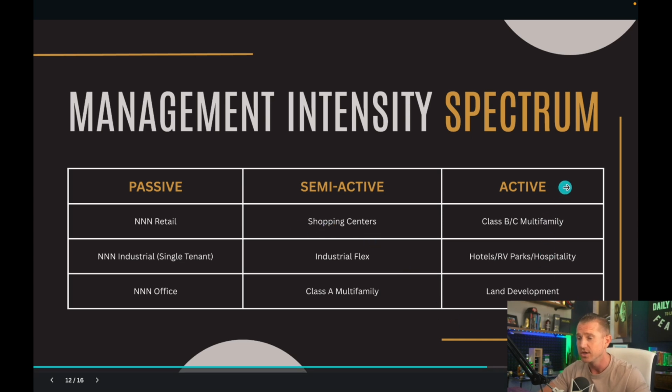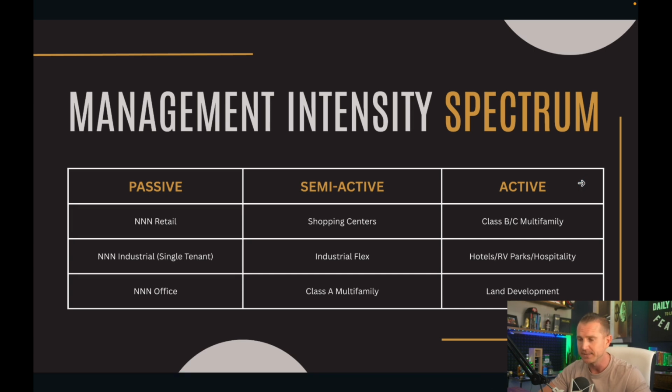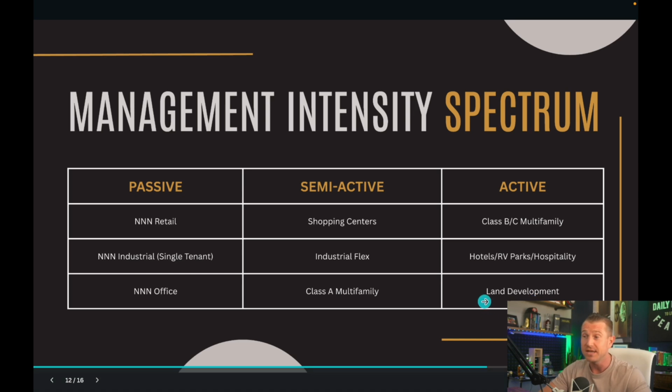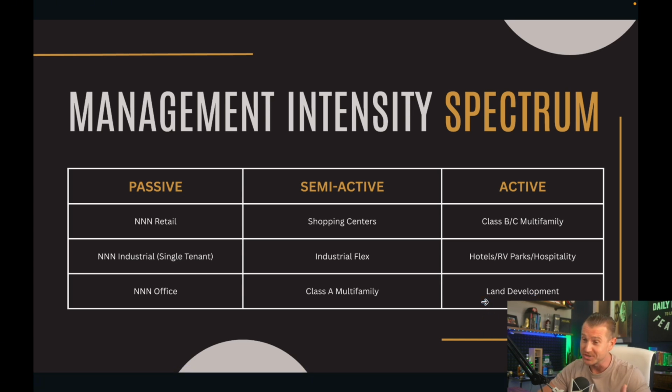And then, of course, you've got the active management, which is your value add, the beat down, run down multifamily assets that need a lot of attention, a lot of management and oversight. You got hotels, RV parks, really anything in hospitality is going to be high management intensive. And of course, land development, being that this is something that requires your energy and attention 24/7 to keep the ball rolling forward on your development opportunity. So just some things to think about there.